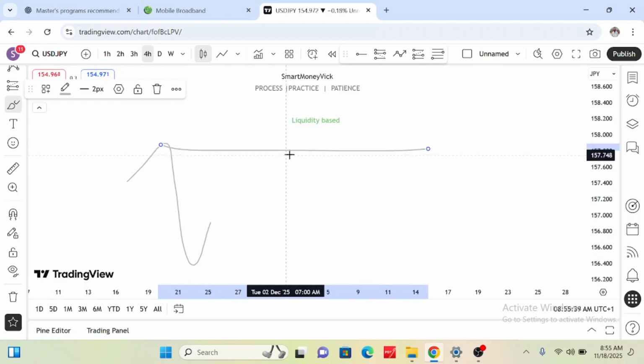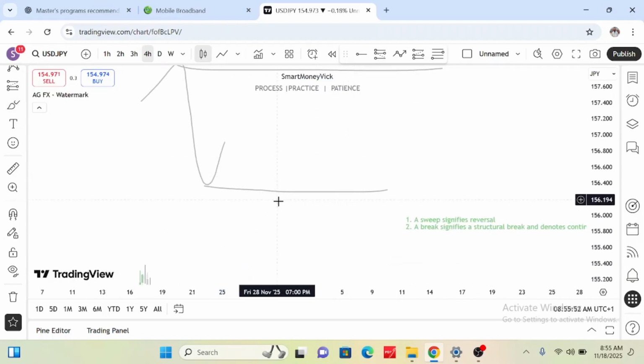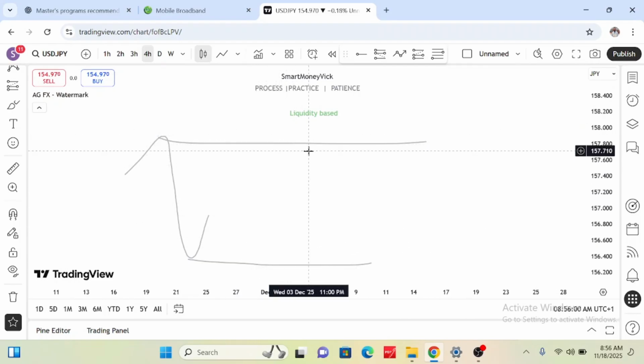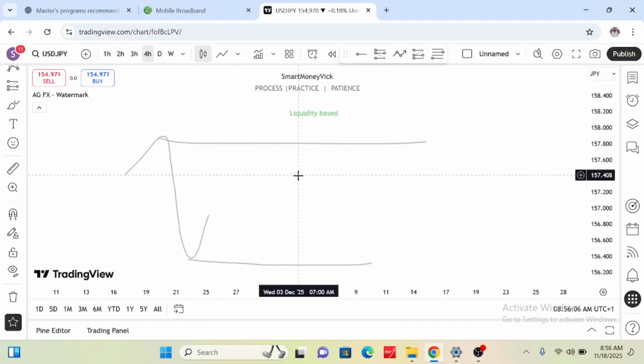We have pending sell orders here and stop losses above, which makes it a very liquid point for price to take. The same thing applies to your swing low. You have buy orders here with your stop losses below. Therefore, these two points are what? Liquidity levels. And remember that we were also able to establish that price runs from one liquidity level to another. So basically, we can form a system around this concept that we can trade for the rest of our lives.